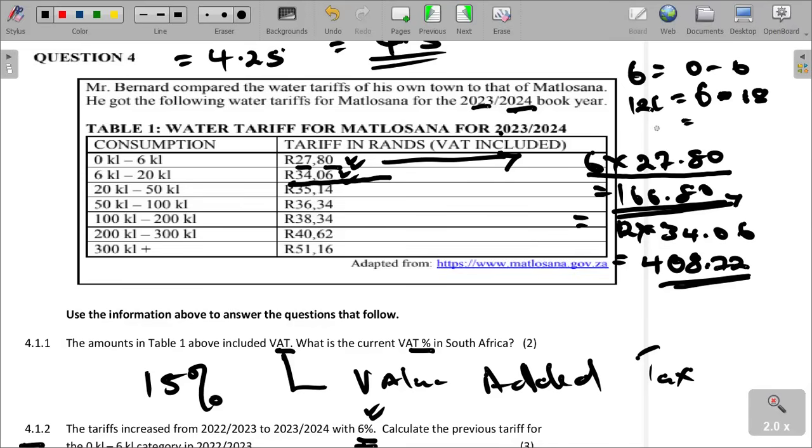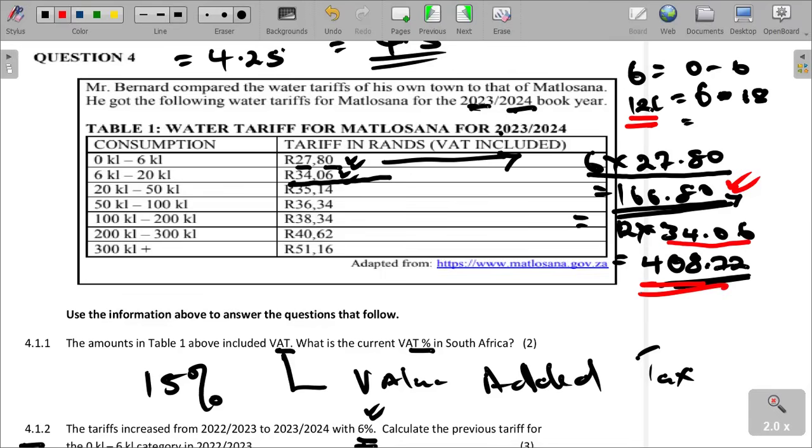So what is happening is that we are calculating 0 to 6 liters according to the 2023-2024 tariffs: 6 multiplied by 27.80, which gives us the 166.80 that we get there. And the 12 liters are in the category of 6 to 18 liters, multiplied by 34.6 rand, 12 times, for us to get 18 liters.